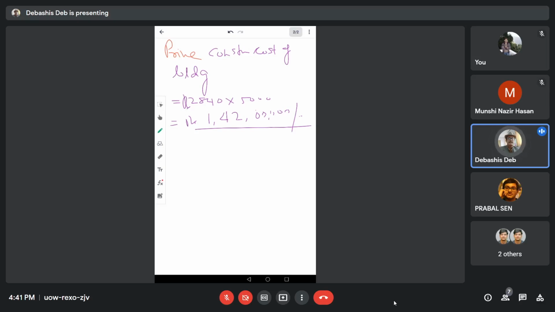So it is mentioned in the problem that you consider 10% of the value of the building as the old material value. Now you must write here: 10% of the same, equal to 10% of 1420000.